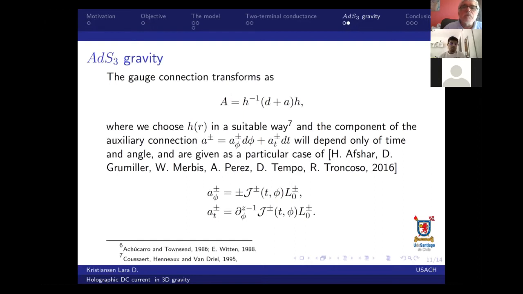We are going to choose the gauge parameter H in a suitable way, and the component of the auxiliary connection A will depend only on time and the angle, and will be given as a particular case of the following boundary conditions, where these boundary conditions reflect a metric near the event horizon of a black hole.